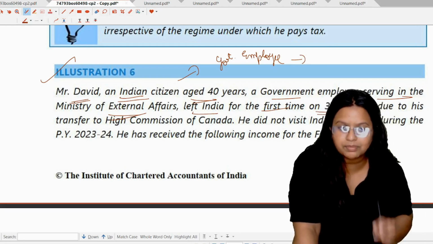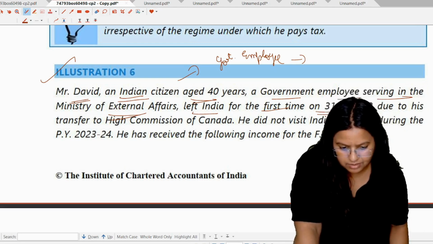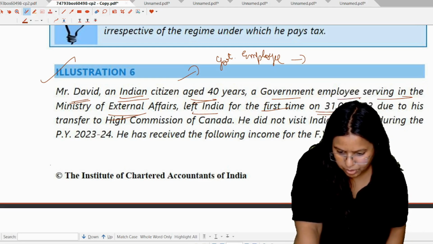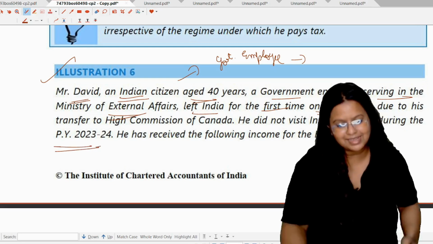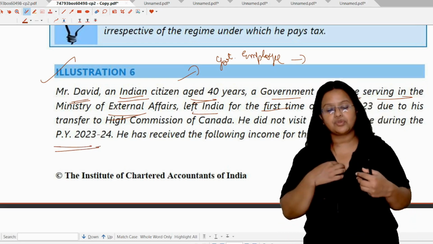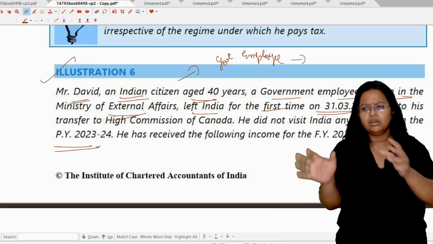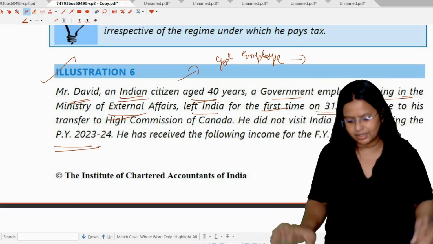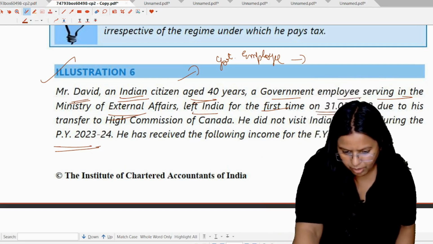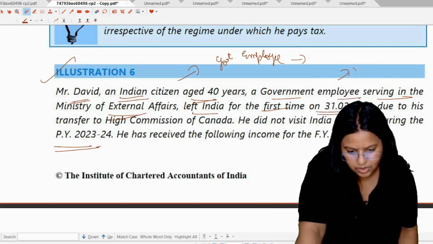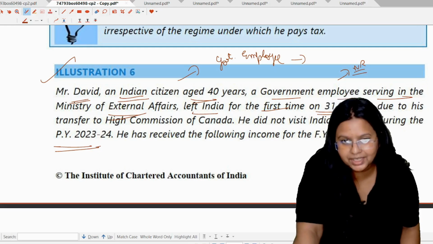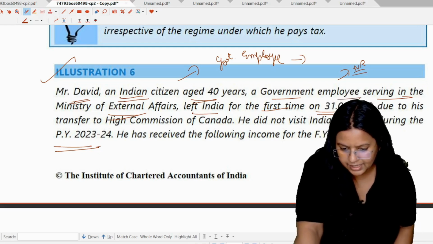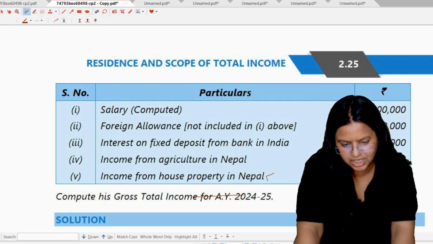He did not visit India at any time during the previous year 2023-24. So from 1st April 2023 to 31st March 2024, he was not in India. From this, we got to know that he is a non-resident because he is not in India for any single day in the previous year. He has received the following income for the financial year 2023-24.